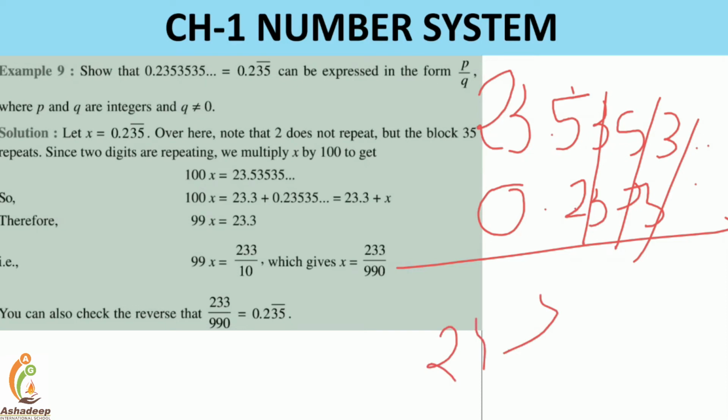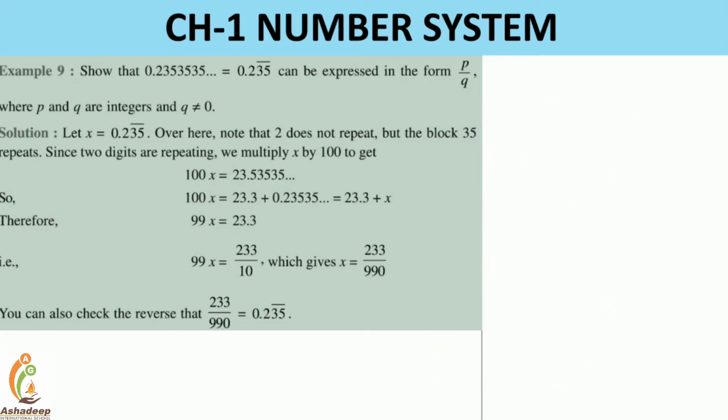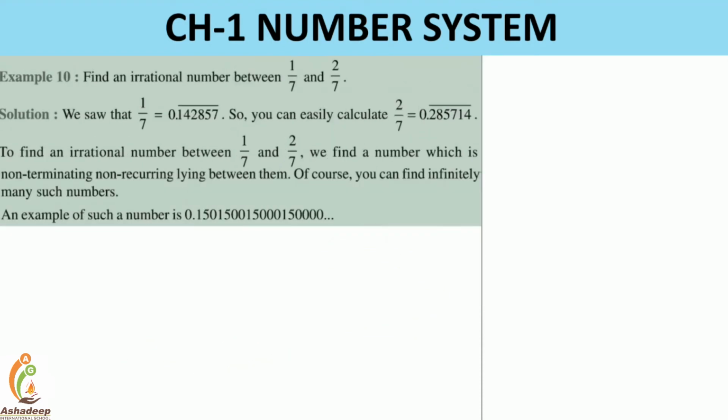Because after this dot the numbers are continuously 3 5 3 5 3 5, so those 3 5 3 5 are going to be cut. That is why the answer is 23.3, right? So this is what the answer is, right?